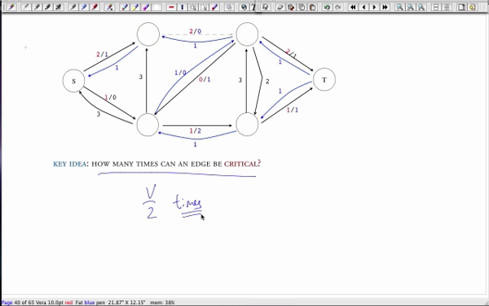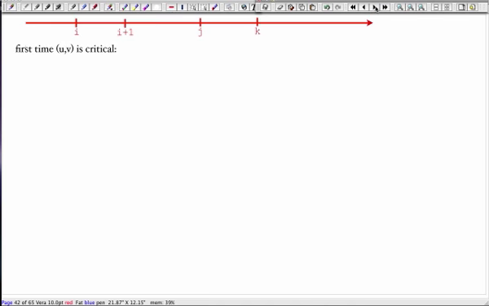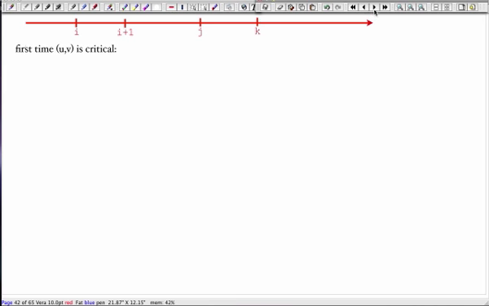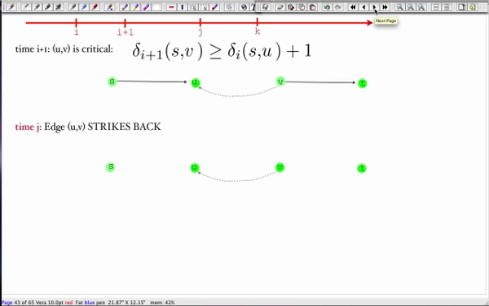And so the longest path can be V. And what I'm about to show you, the crux of this argument, is that every time an edge goes critical, it goes 2 steps farther from S. And intuitively, this argument is a little bit subtle, but I'll give you the very short summary of this.